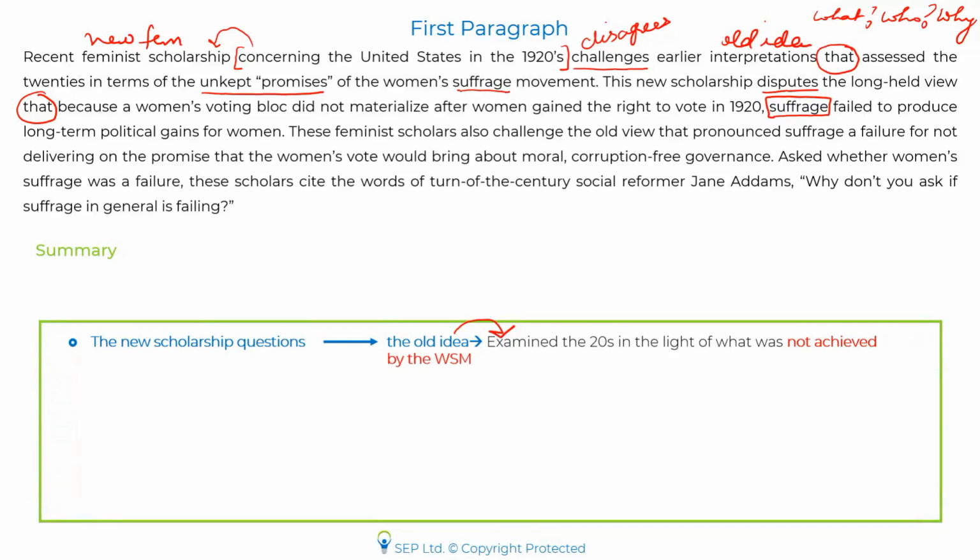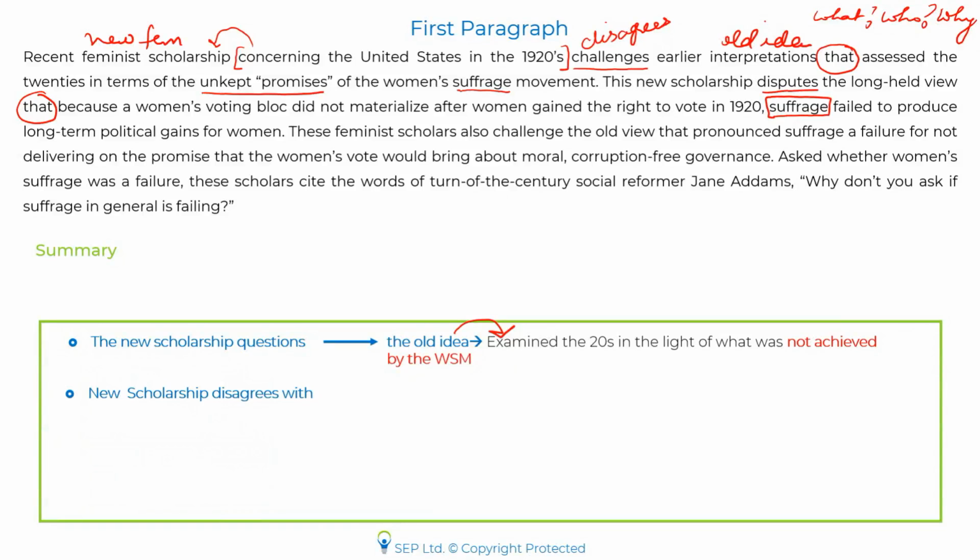And the old view believes that because this voting bloc did not really develop, that means even after women gained the right to vote in 1920, there was no voting bloc of women that developed. And because of that, they believe suffrage failed to produce any long-term gain for women.